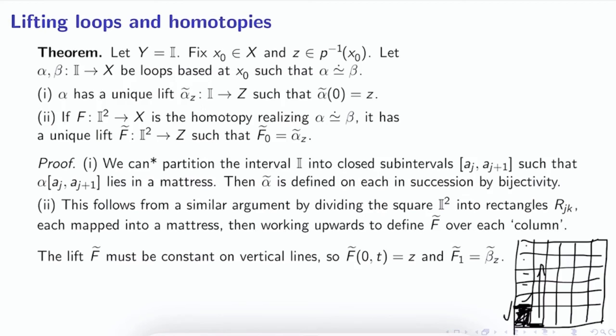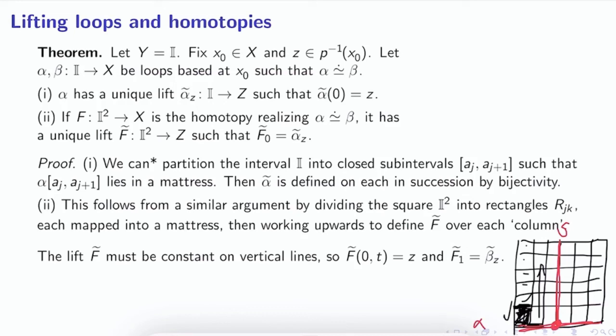Now, when we lift our homotopy capital F, the important thing to realise is that if you go up a vertical line in this domain, that corresponds to a fixed value of s. So at the bottom we have our loop alpha, but when you're trying to lift a given point in X, you can't really jump around.